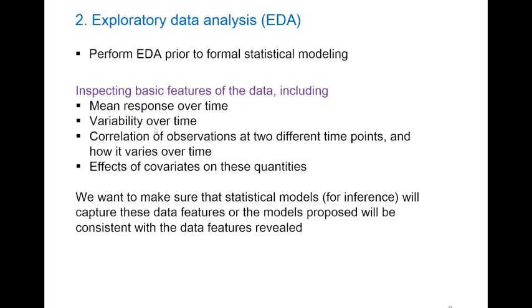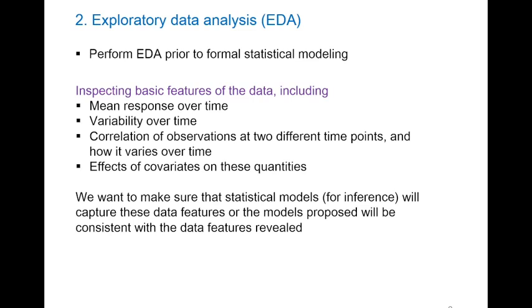And the correlation. This is the difference between longitudinal data and cross-sectional data, because observations collected from the same individuals are correlated. So we want to explore what the correlation looks like and how it varies over time. Of course, we are interested in the effects of covariates on these quantities.